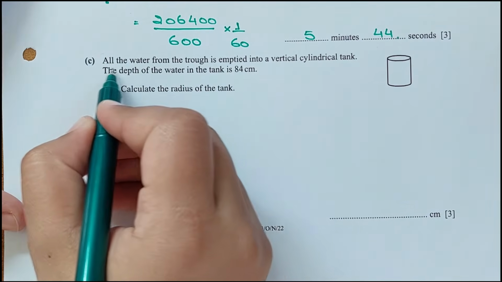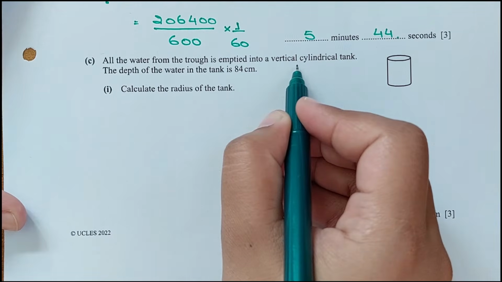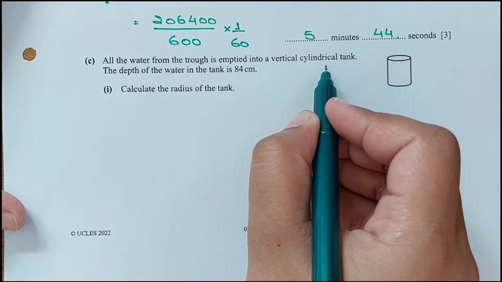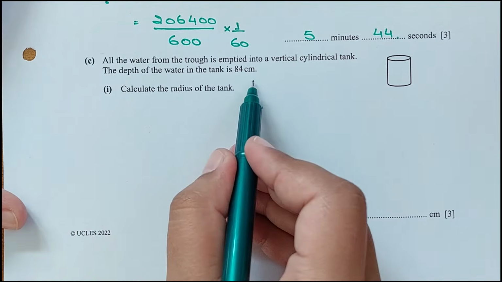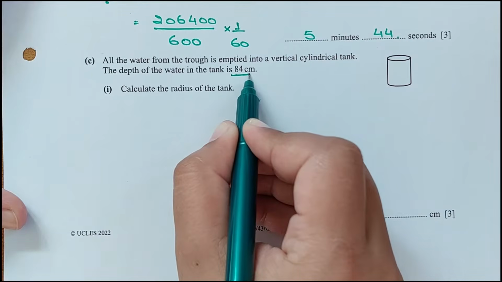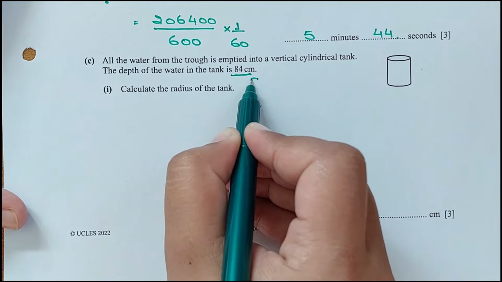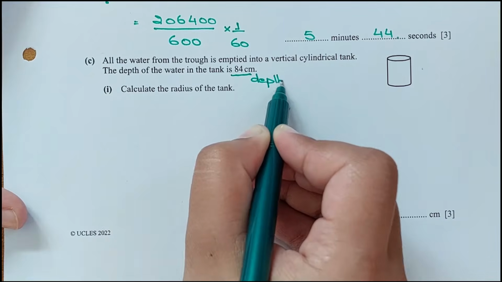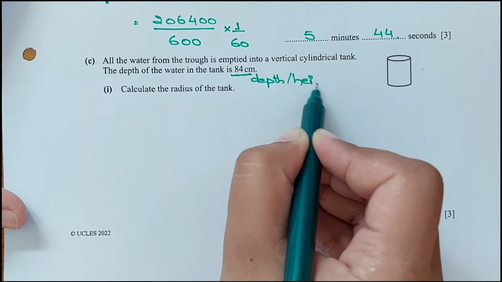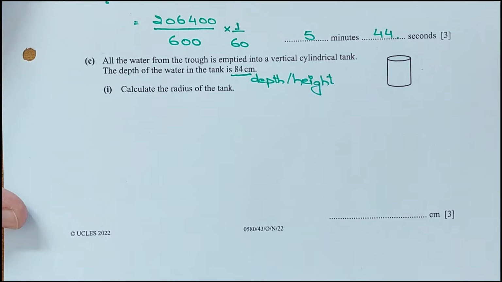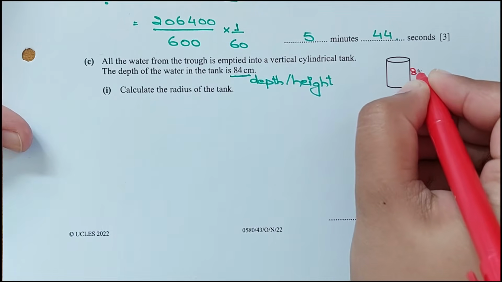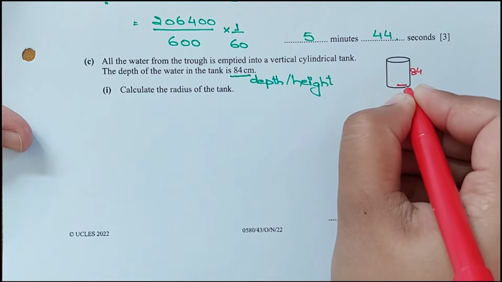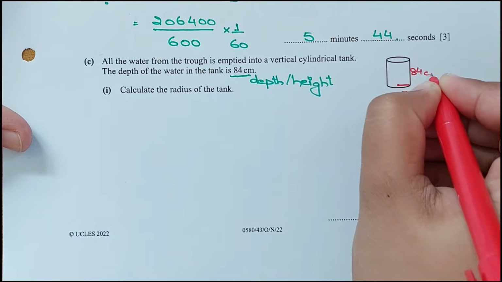Now for part C, all the water from the trough is emptied into a vertical cylindrical tank. The depth of the water in the tank is 84 centimeters. We are given the depth, which is basically the height. Calculate the radius of the tank. The height is 84 and we have to find the radius of the tank, in centimeters.